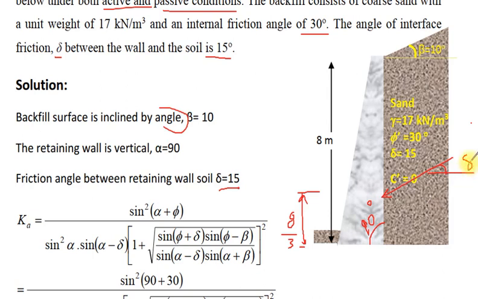Delta is the friction between the wall and the soil, equal to 15 degrees, and the distribution is assumed linear with depth. The resultant is inclined at an angle equal to 15 degrees.